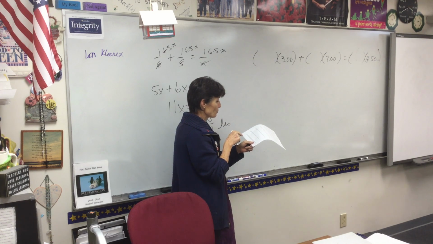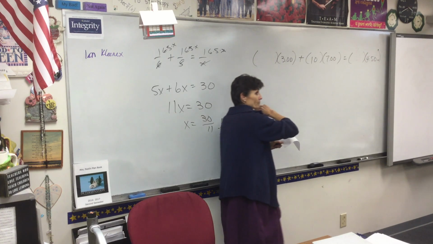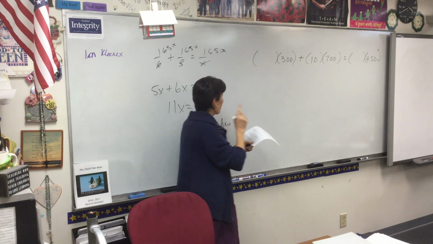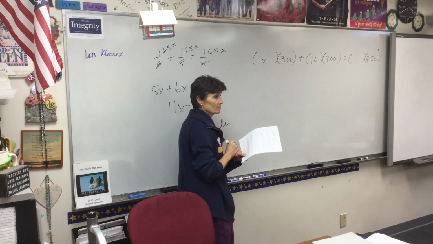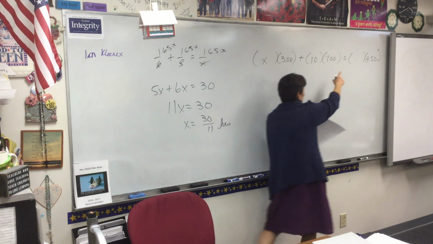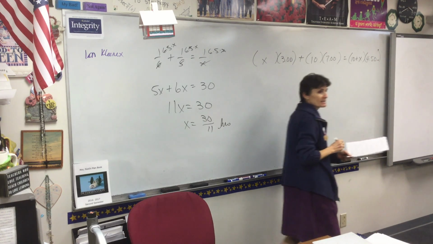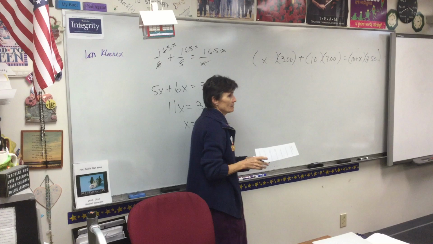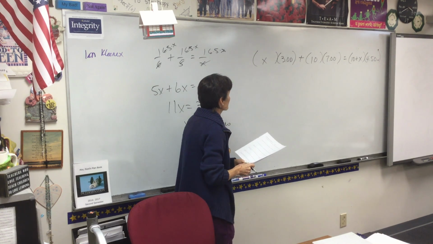And 10 goes with the 7, right? How many peanuts? What's gonna go here? 10 plus X. 10 plus X. Do you see how it's exactly the same concept? Your decimals are just money instead of percentages.